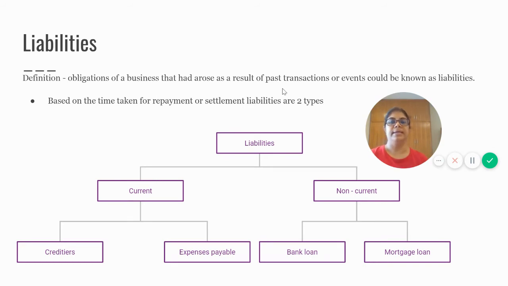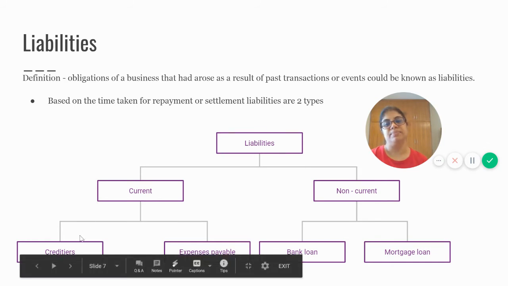Okay. Again, as I mentioned in my previous video, based on the time period taken for repayment or settlement, liabilities are also of 2 types. So liabilities will be 2 types as current liabilities and non-current liabilities.